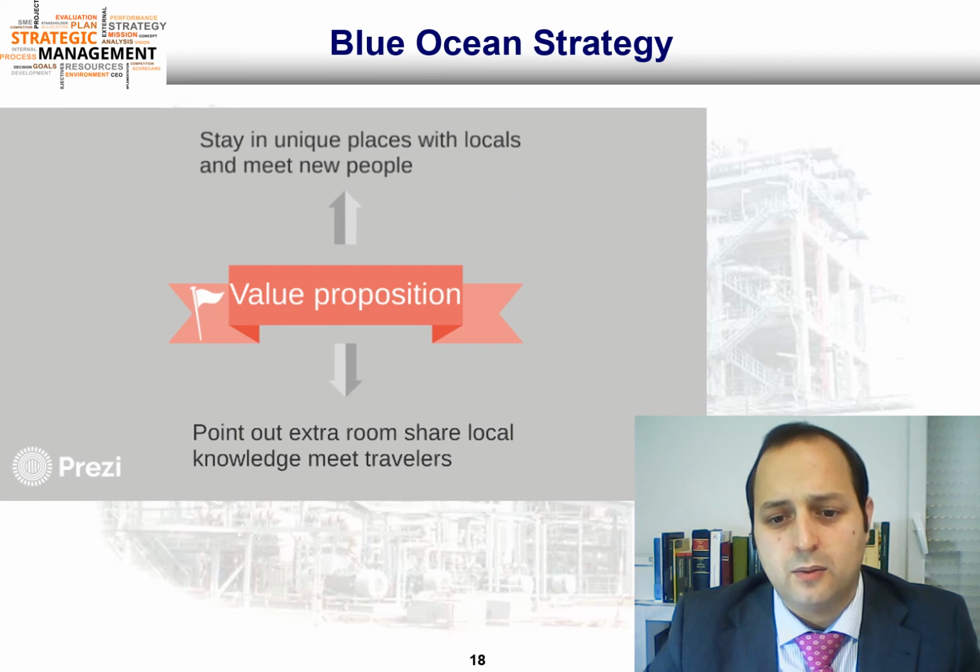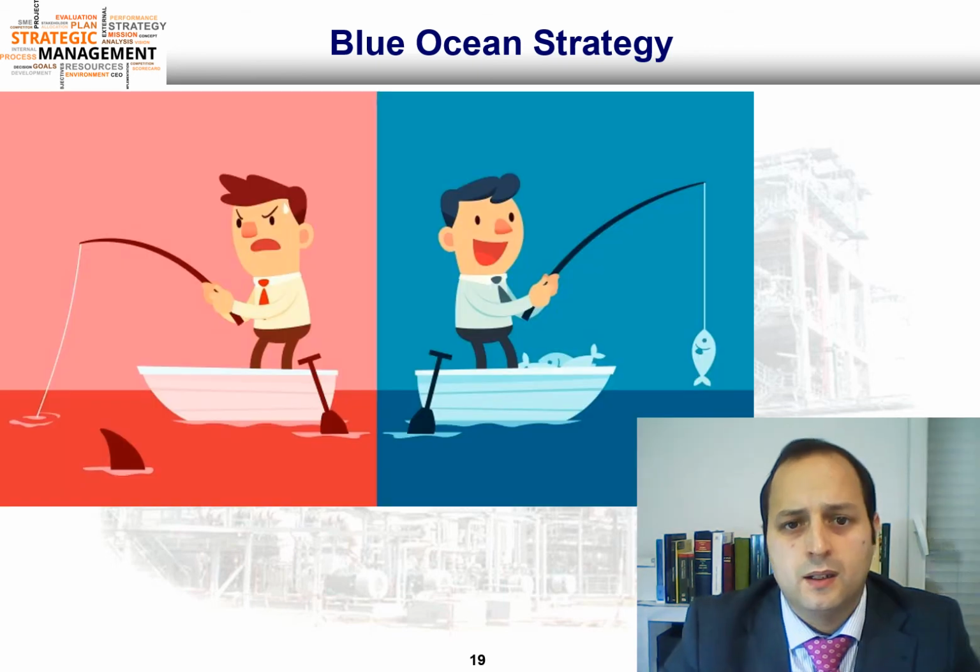And finally, with regard to the creation of value, Airbnb provides unique places, interaction with locals, and meeting new people. To sum up, this is the strategy on which companies should focus the most: how to make your competition irrelevant, how to open new markets. Do not focus on low-cost leadership, do not focus on differentiation strategy, do not focus on market segments.